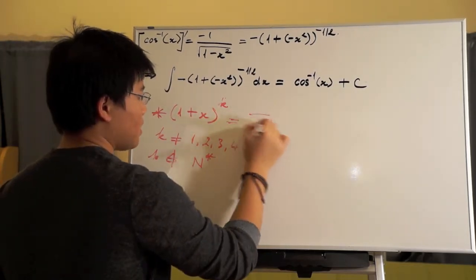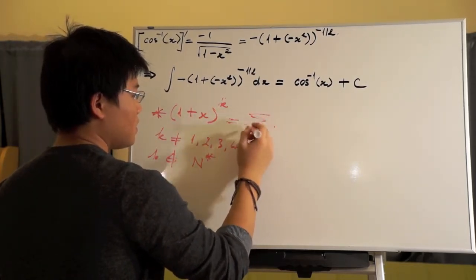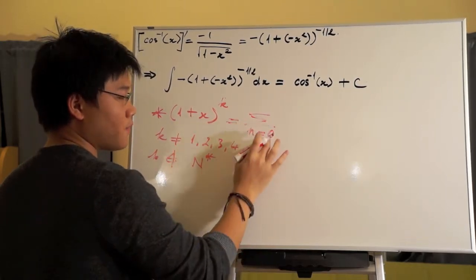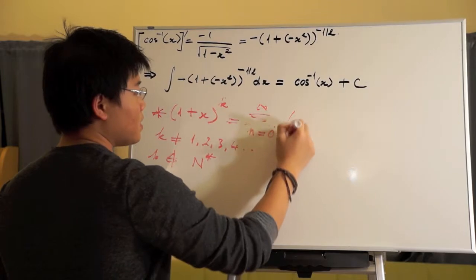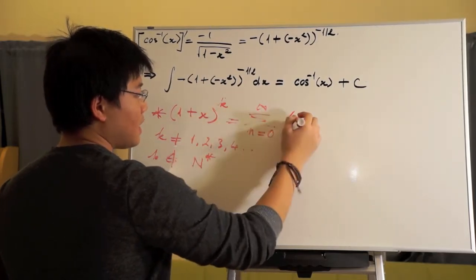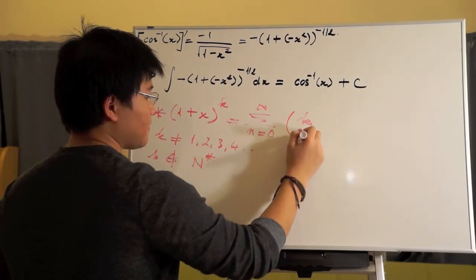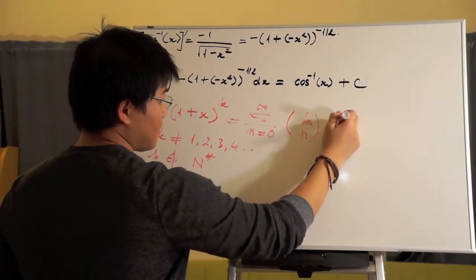You can say this equals the sum from n equals 0 to infinity of k choose n, x to the n.